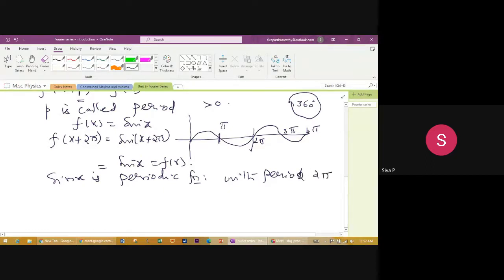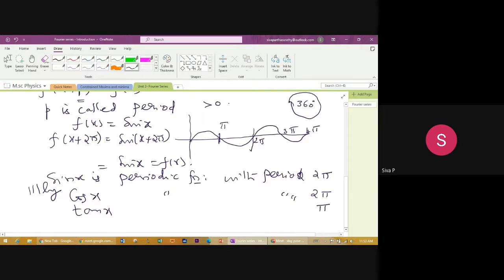Similarly, cos x is also a periodic function with the period 2 pi. Tan x is a periodic function with the period pi.